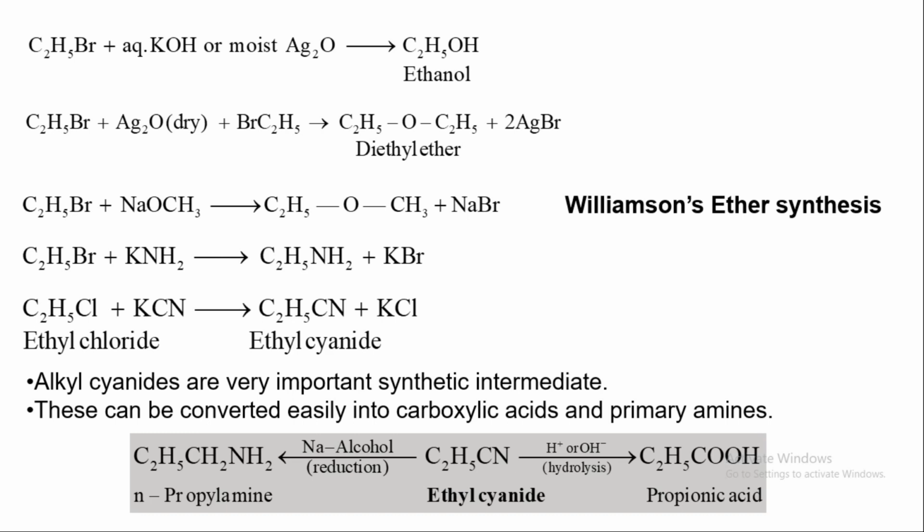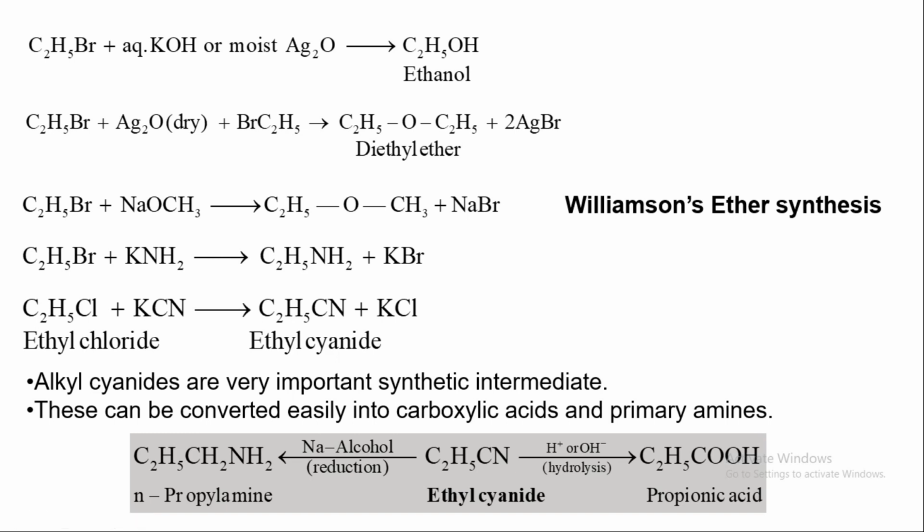Because again silver cyanide has a d-pi-p-pi bond, so we get the isonitrile product. So if you want to get cyanide, we will take KCN, right?